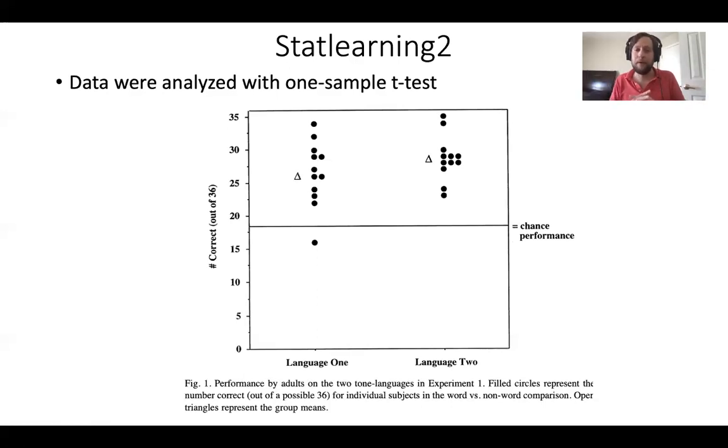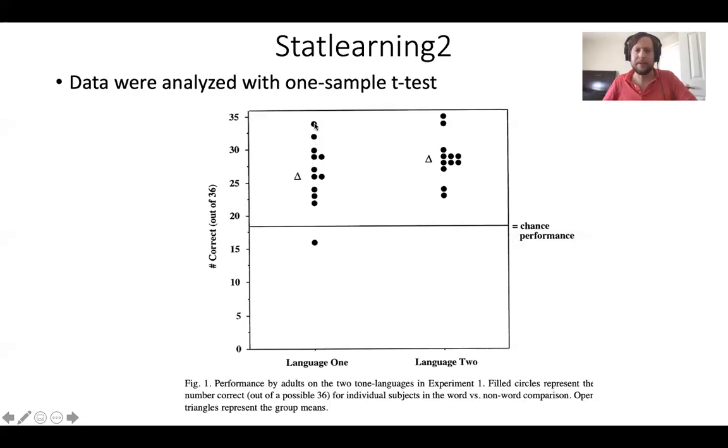That is chance performance. They performed a one sample t-test for language 1, that is familiarization 1, and what they were doing was looking to see, is the amount of correct answers significantly different than chance performance? Chance performance was 18. These black dots right here, each one of those represents a participant. So let's see how many: 1, 2, 3, 4, 5, 6, 7, 8, 9, 10, 11.